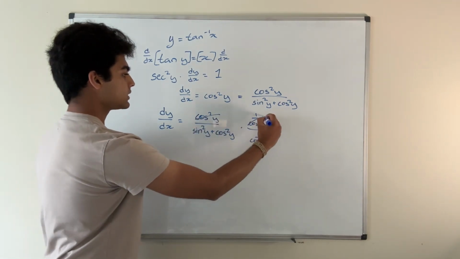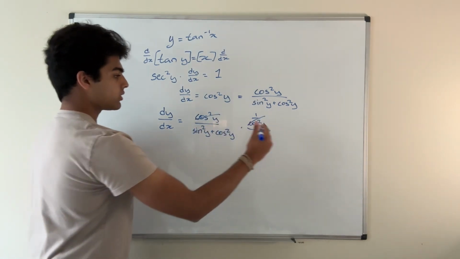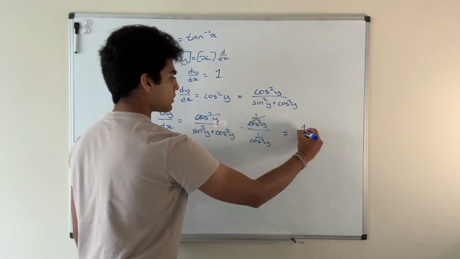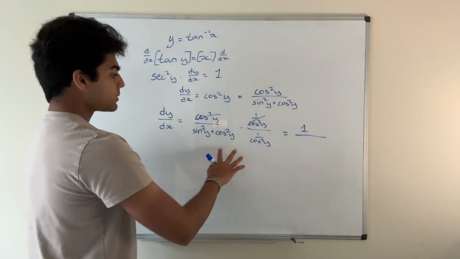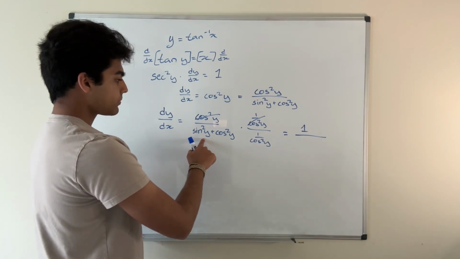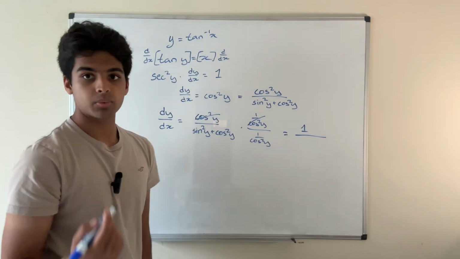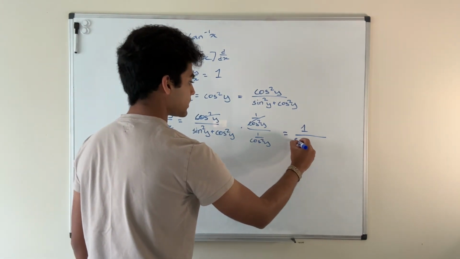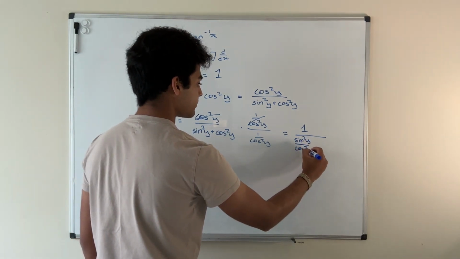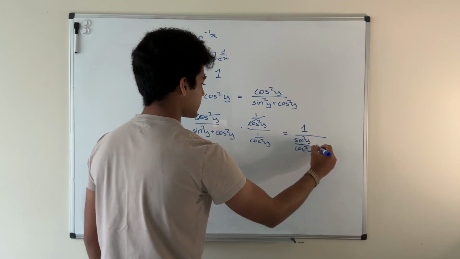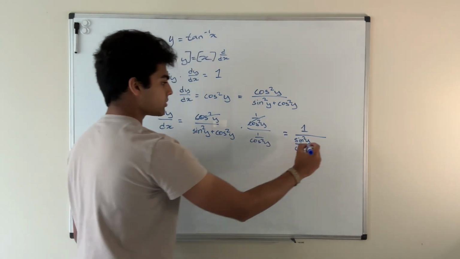So this and this are going to cancel out, and on the top we'll just be left with a 1, okay? And then on the bottom, we're going to have sine squared y divided by cosine squared y, plus cosine squared y divided by cosine squared y.